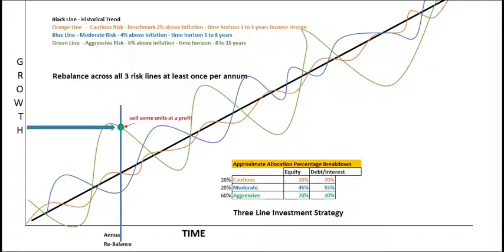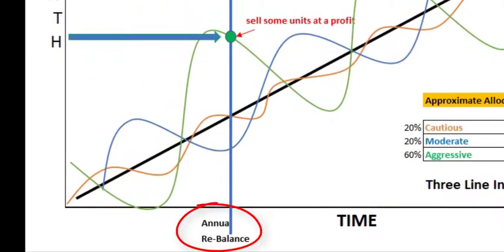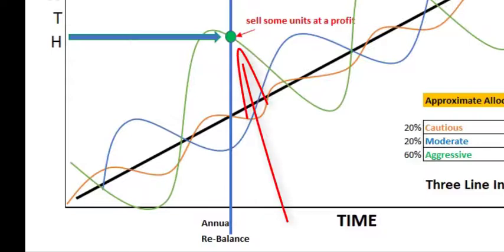The secret weapon when using this type of investment is rebalancing, and you need to do it at least once a year. I've placed my fictional 1-year annual rebalancing timeline at random, so let's see what we can learn from this exercise. The aggressive green line has grown very nicely.